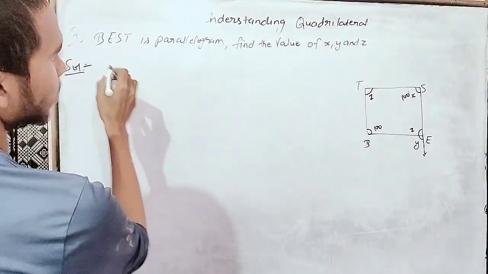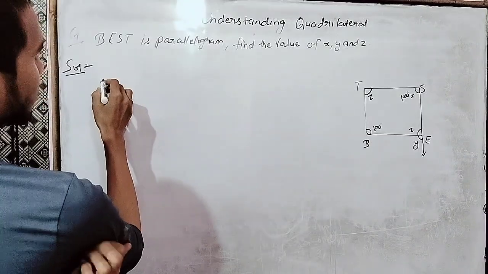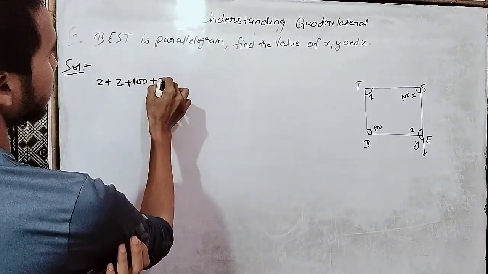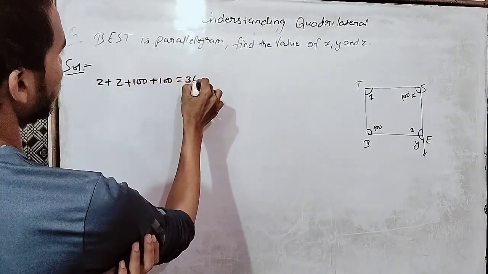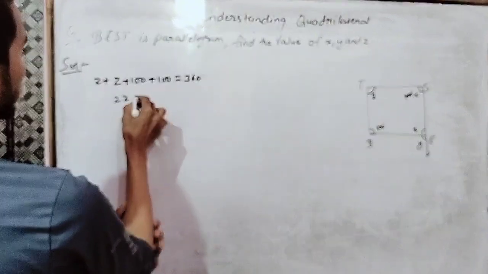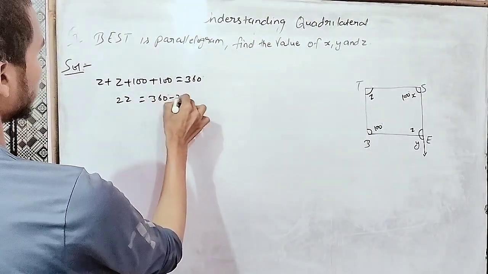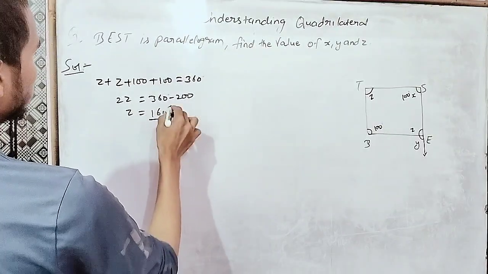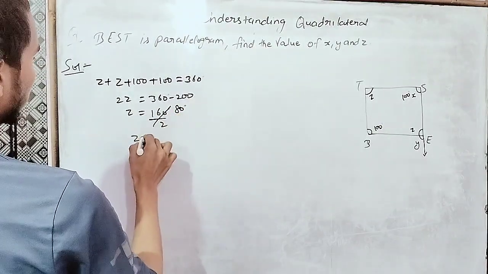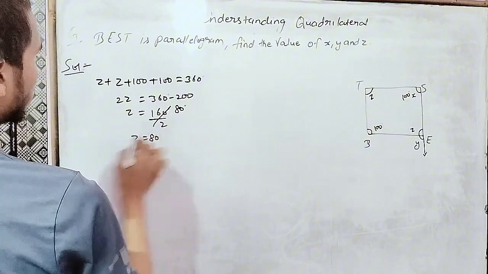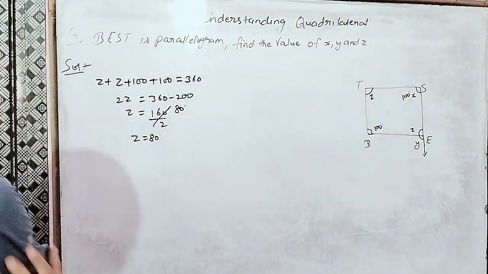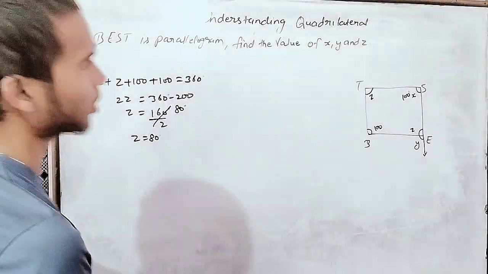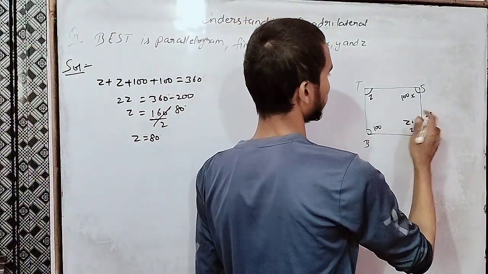So here, can I write z plus 100 plus 100 is equal to 360? 2z is 360 minus 200, z is 160 by 2, 80. Z is equal to 80. So the value of this is 80.